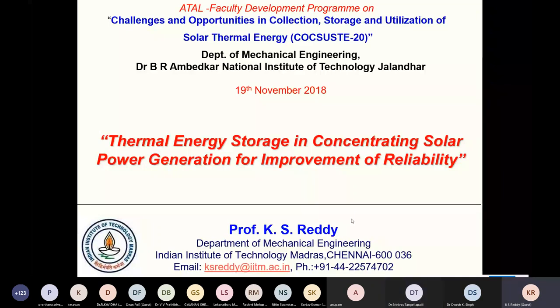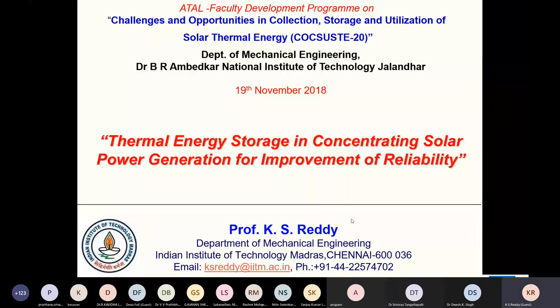Not only nighttime, during rainy season, now everywhere in India is experiencing rains, we may not have solar energy. Then how do we make solar energy available in the rainy season also? Reliability means we have to depend only on solar. 100% means the system should be able to supply energy 24 hours and 365 days.